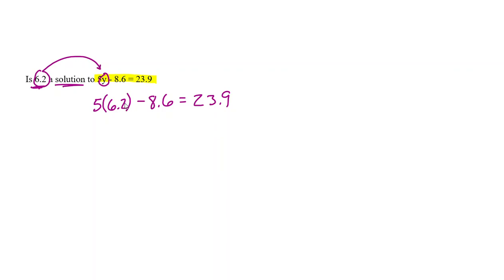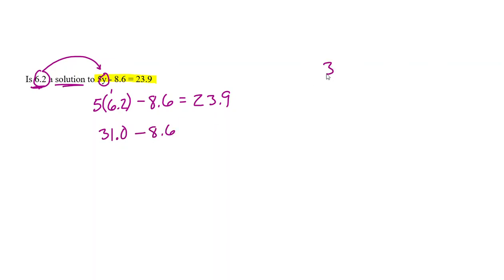And we'll find out by, instead of solving the equation, simplifying the left-hand side and seeing if it matches up with the right-hand side. So 5 times 6.2, 5 times 2 is 10, carry the 1. 5 times 6 is 30, plus 1 is 31, and there's 1 decimal point, so 31.0 minus 8.6.